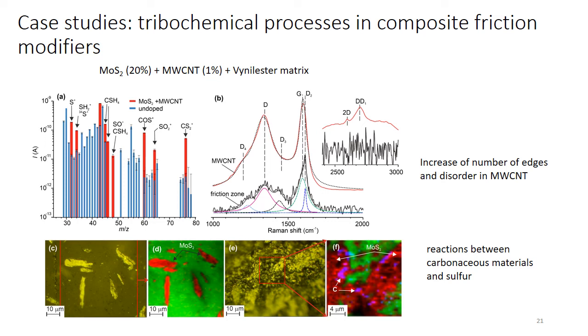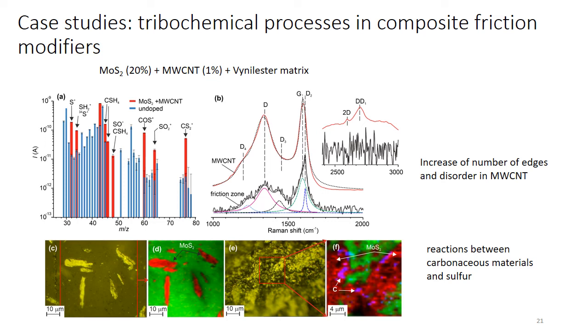This is a composite friction modifier used for lubrication and controlling friction in the contact between the rail and the wheel in railways. Here in this graph you can see the comparison of the vinyl ester matrix only, the blue bars, and the full composite, including both additives.